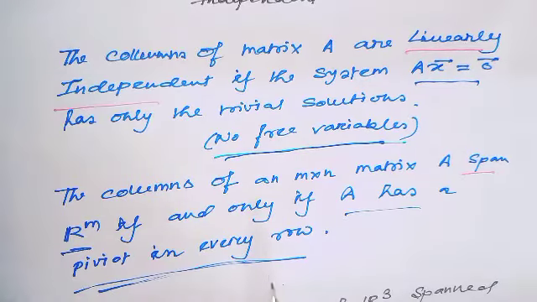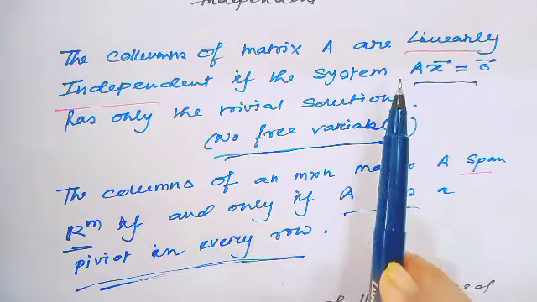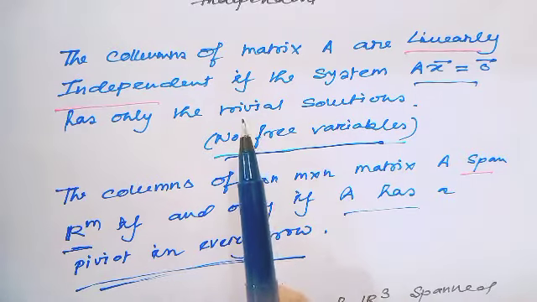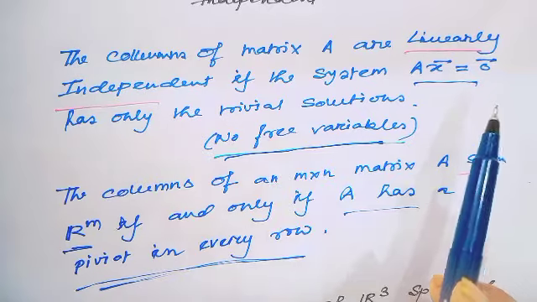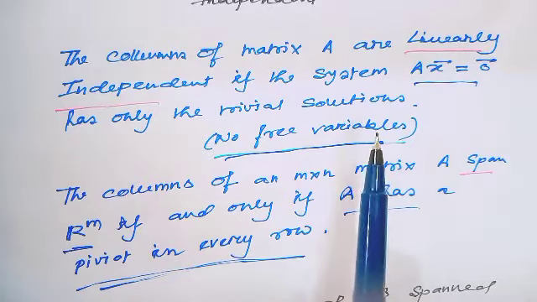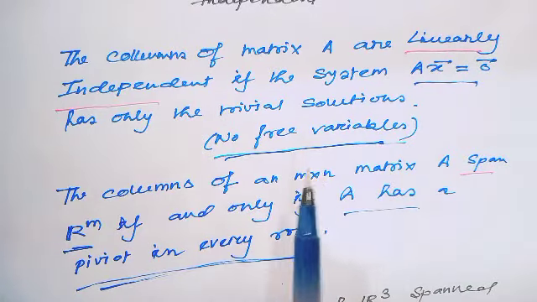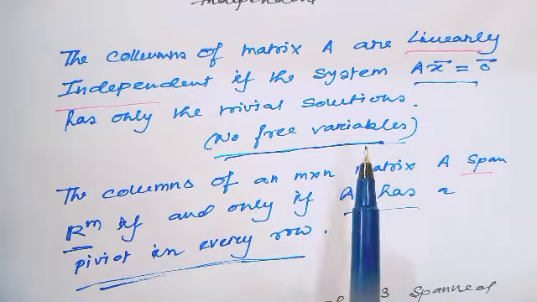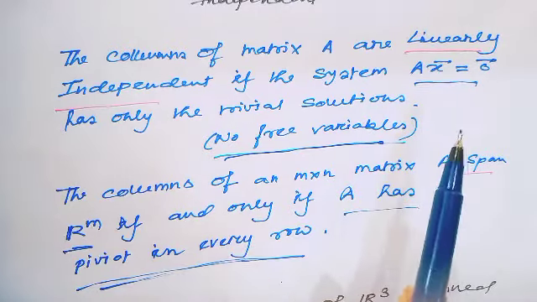Now I will define some rules to find the basis of a column space. The rule says the columns of a matrix A are linearly independent if the system Ax equals 0 has only the trivial solution. That means when there is no free variable in any column, the vectors are linearly independent.